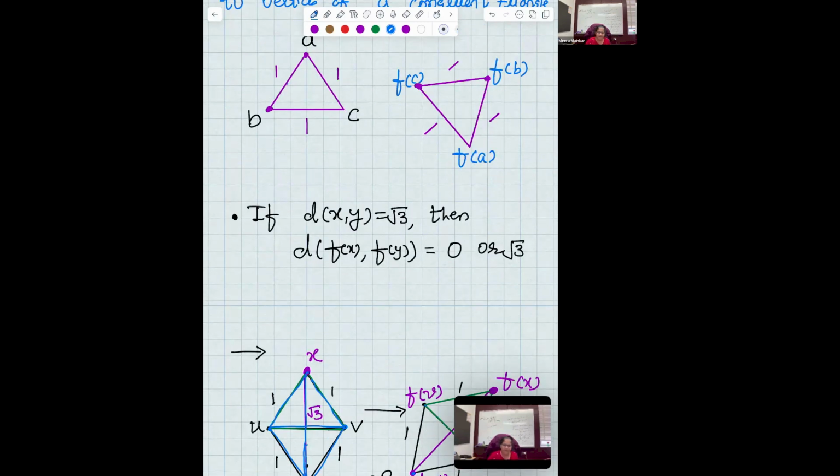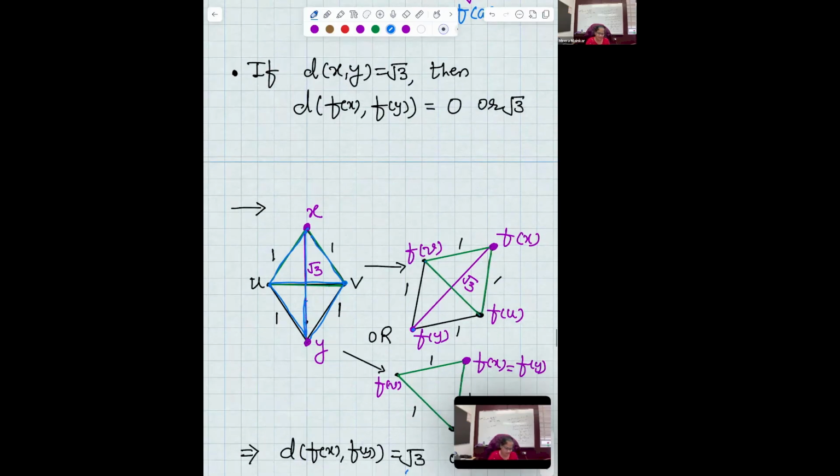Now, I'm going to prove that square root of 3 is also a preserved distance, but I'm going to follow one little step before that. I'm going to say that if the distance between two points is square root of 3, then either the image points are at distance 0, or they are at distance square root of 3.